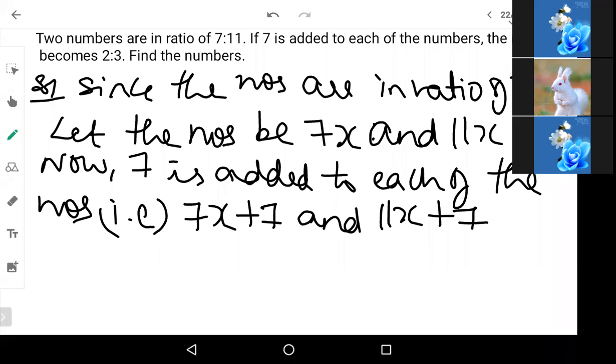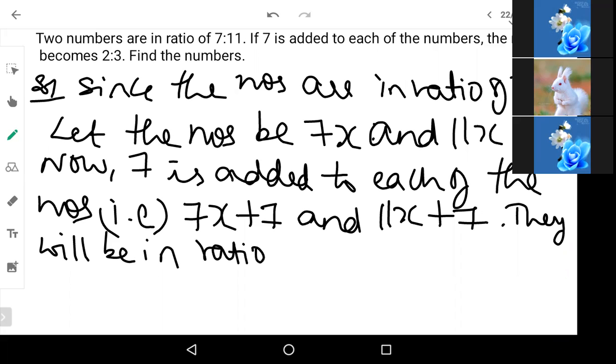That is what the problem says. If 7 is added to each of the numbers, even after adding 7, they will be in the ratio 2 is to 3.